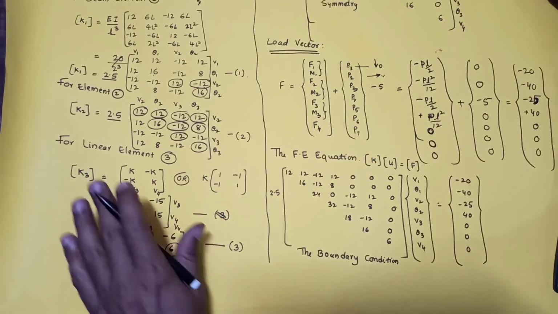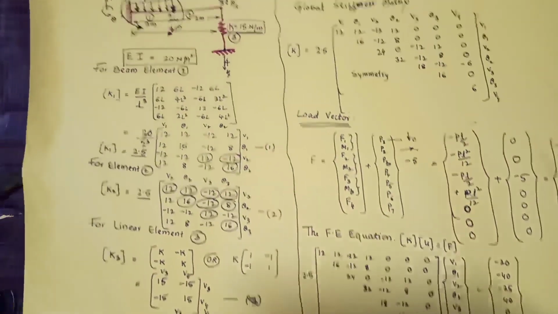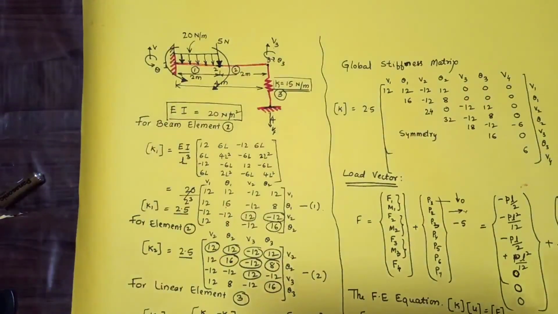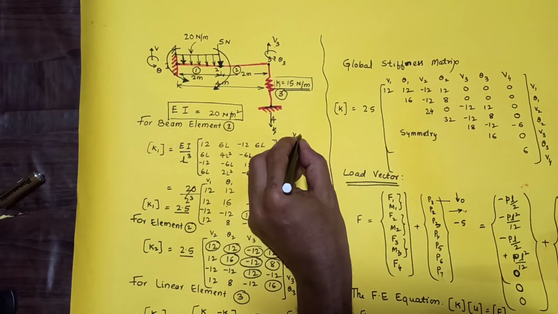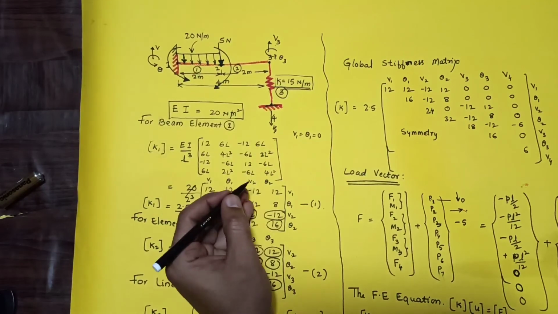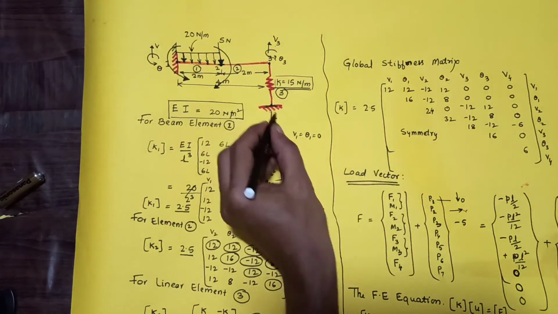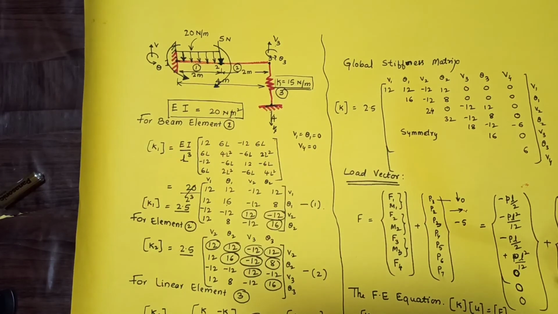The boundary conditions for this problem: V1 and theta 1 will be 0, right? Because it's a fixed element. And you can say V4 is also 0. So V1, theta 1 will be 0, 0, and V4 also, because it's a fixed end.